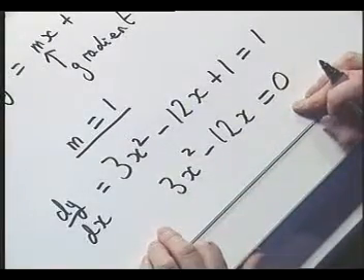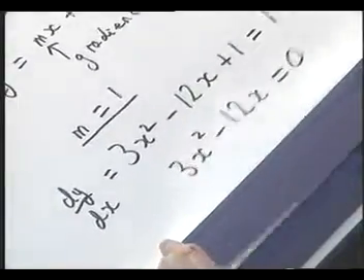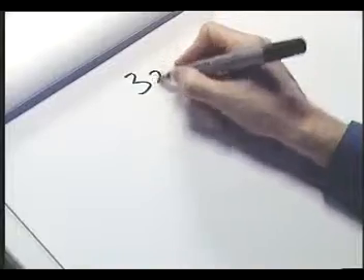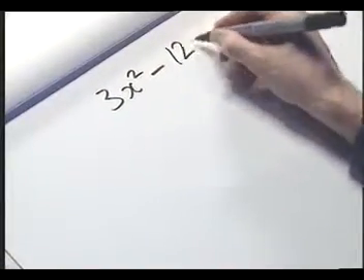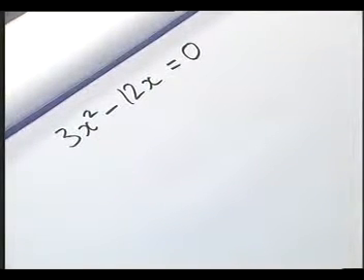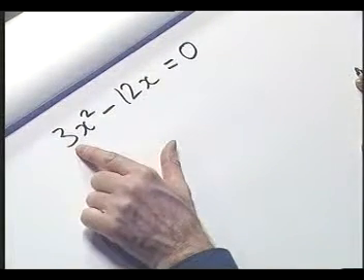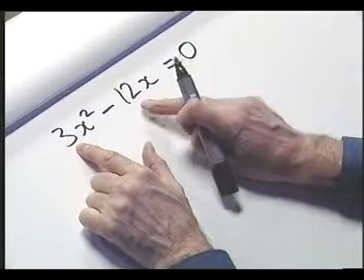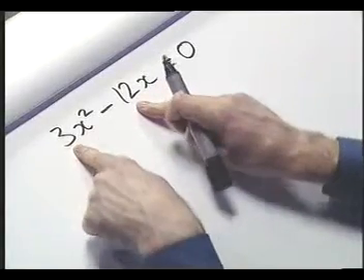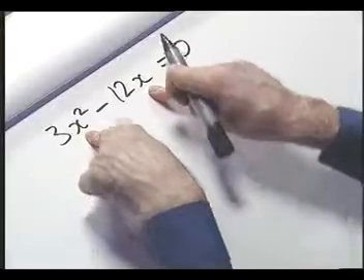And this is a quadratic equation for x, which we can solve. So let's do that. 3x squared minus 12x equals 0. It's a quadratic. The first question we've got to ask ourselves is, does it factorize? And if we look, we can see that we've got a common factor in the numbers of 3 and a common factor in the x terms of x.